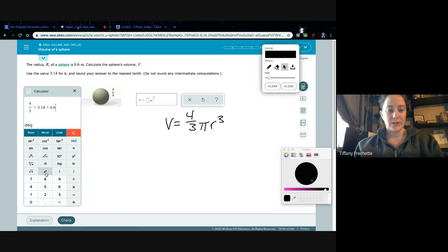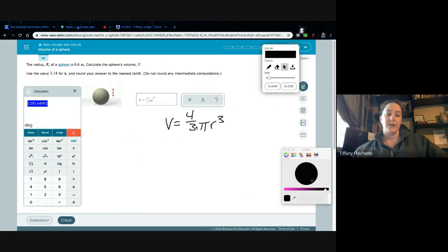I don't actually think you need to do the parentheses. Sorry, I was trying to remember. It's going to know that you want 6.6 cubed. All right, that equals, and it says, do not round any intermediate computations, meaning in between. So if you did 4 divided by 3, it doesn't want you to round that.